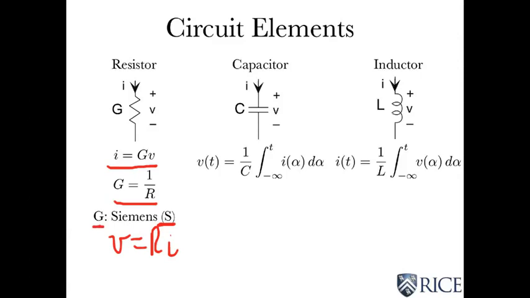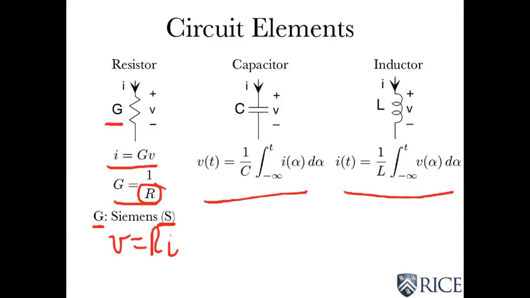There are going to be lots of times when it's more convenient to think about a resistor in terms of its conductance, reciprocal ohms, Siemens, than it is in terms of its resistance. We'll find that out very soon. Now, of course, for the capacitor and the inductor, those derivative relationships turn into integral relationships.